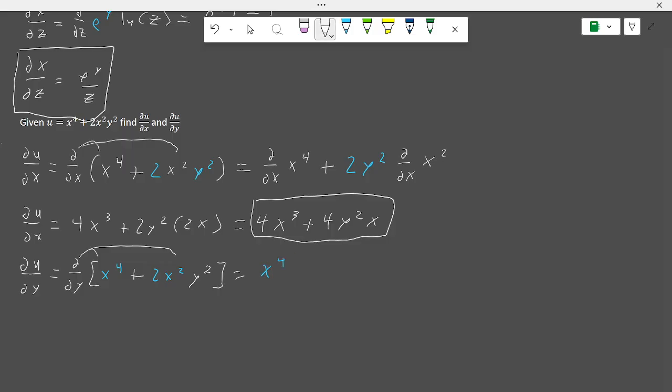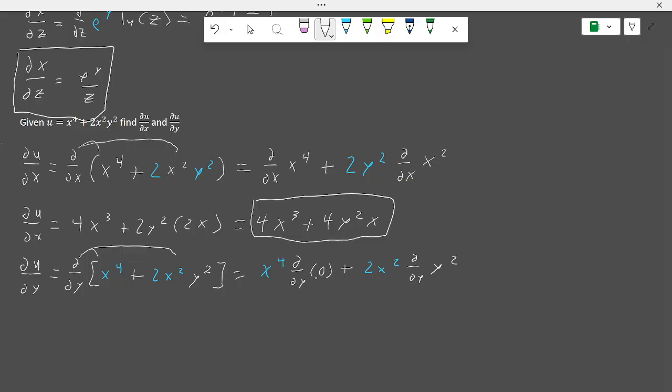x to the fourth times the derivative with respect to y of 1 plus 2x squared times the derivative with respect to y of y squared.